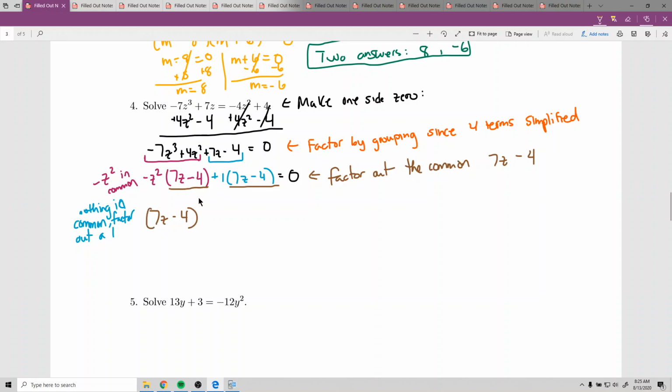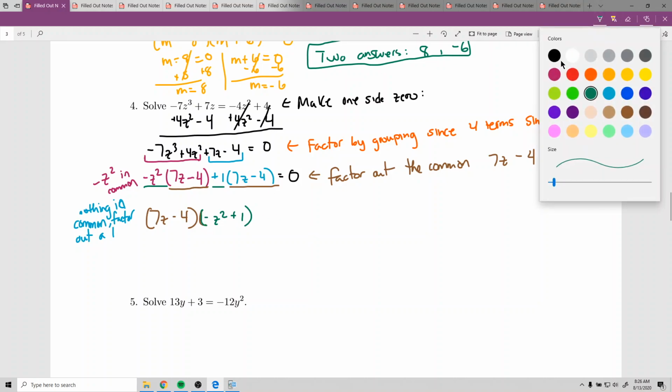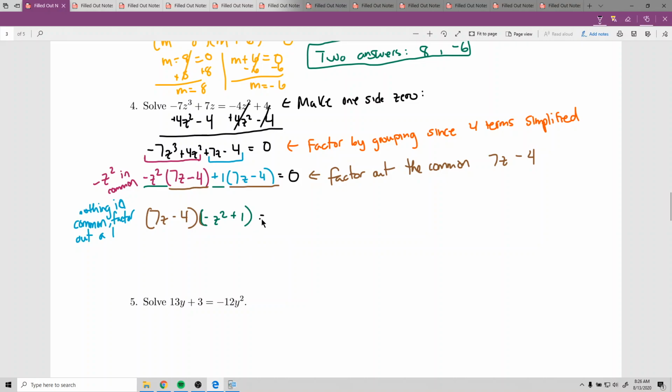Make sure you keep your parentheses because there is that minus there. And then what's left on the inside is, from the first term, negative Z squared. From the second term, it's plus 1. That equals 0.